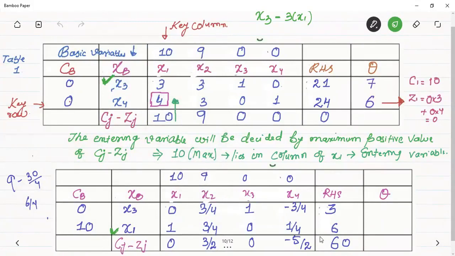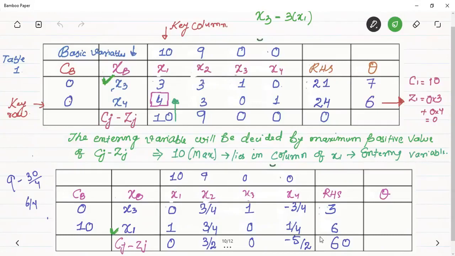Okay, now beta, tell me what will be the entering variable here? I told you that the entering variable is decided by the maximum positive value of Cj minus Zj.